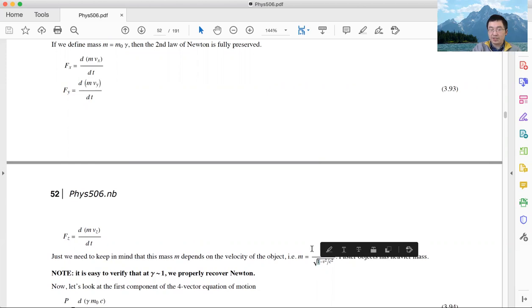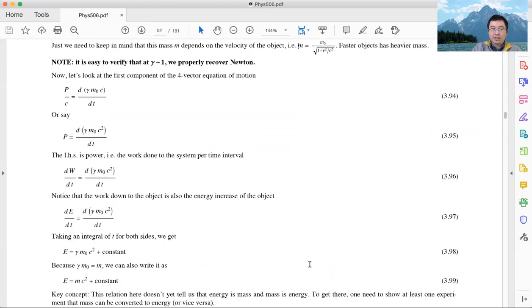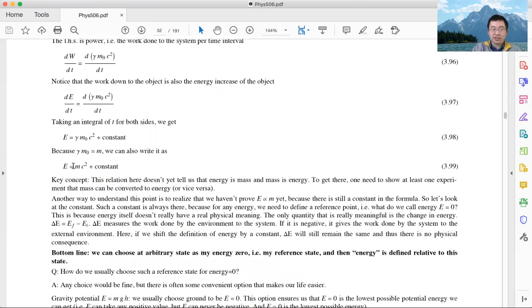It depends on velocity in this specific form. And the second consequence is that energy and mass times speed of light squared have a very simple relation. On top of that, experiment tells us mass can be converted to energy and energy can be converted to mass. So m and E are indeed the same thing. Mass and energy are the same thing.